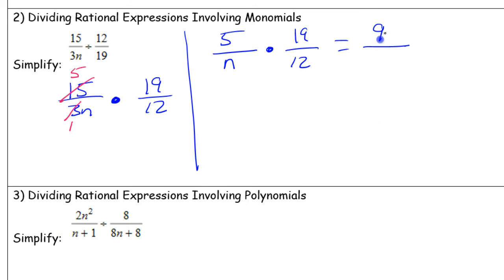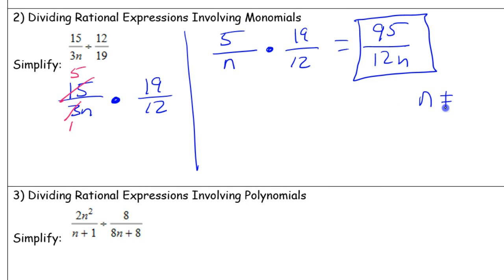So I've got 95 over 12n. And that's really all we can do with that. So this is going to be the final answer. Notice that n cannot equal 0 because that would make the denominator equal 0. So there's a restriction there.